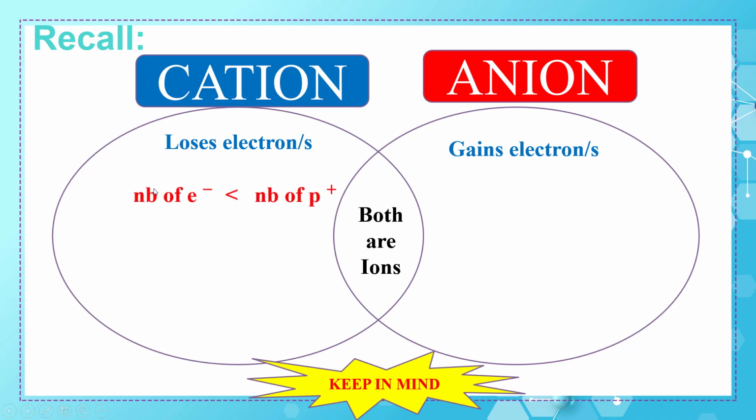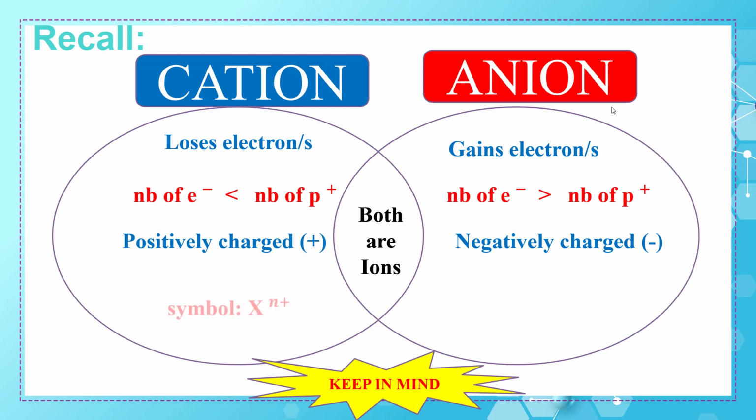The number of electrons in cation is less than the number of protons, while in an anion the number of electrons is more than the number of protons. The cation is positively charged, oppositely in anion, which is negatively charged.